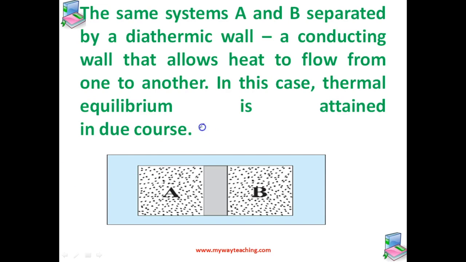So at that time we can say that system A is in thermal equilibrium with system B. In thermal equilibrium, the temperatures of the two systems are equal, isn't it? When they attain that equilibrium state, the temperature will become equal.